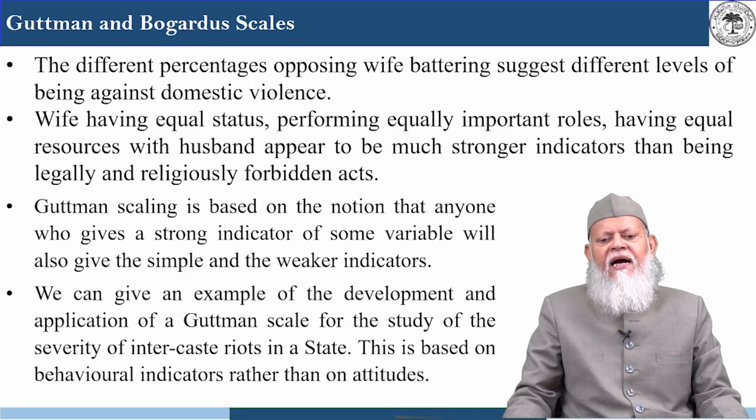We can give an example for the development and application of a Guttman scale for the study of the severity of intercaste riots in a state. This is based on behavioral indicators rather than on attitudes.